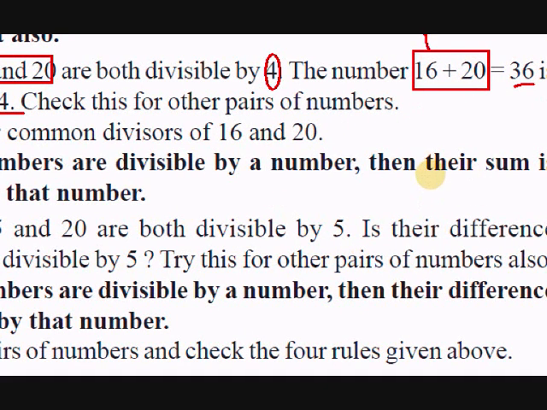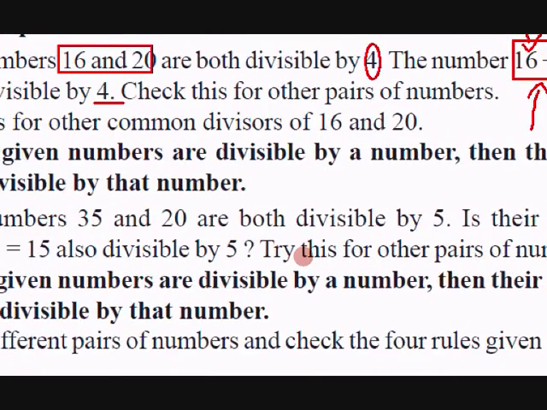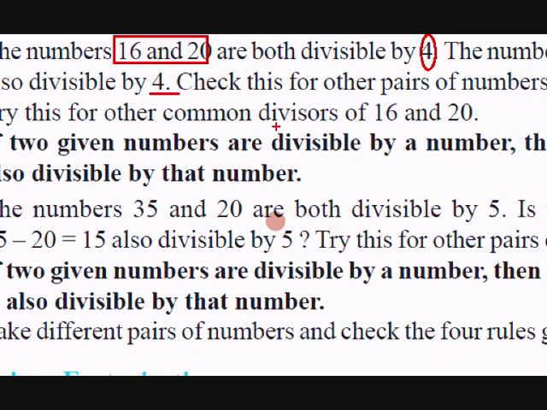Therefore, 4 divides 16, 4 divides 20. That means 4 also divides 16 plus 20. That is 36. You also find more common divisors for 16 and 20, and see if the same holds good.